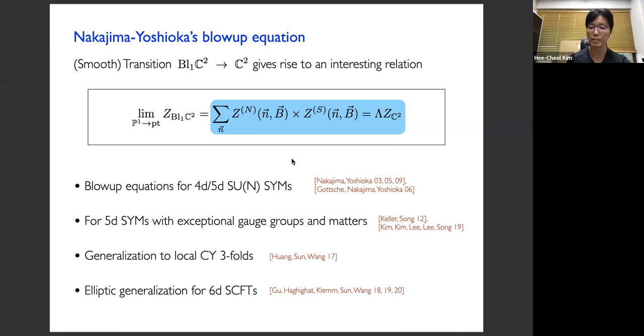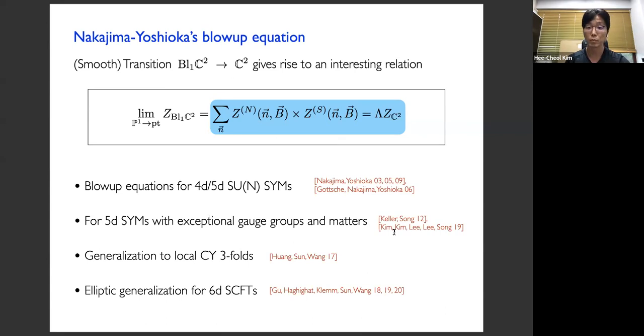This relation has recently been studied extensively. It was first found by Nakajima and Yoshioka for the 4D and 5D SU(N) super Yang-Mills theories. 5D super Yang-Mills theories with exceptional gauge groups and matter have been studied by these two papers.